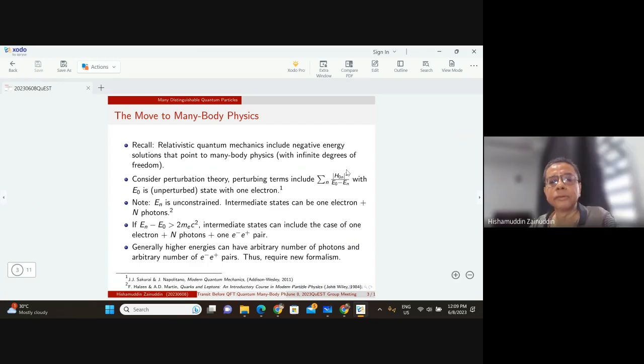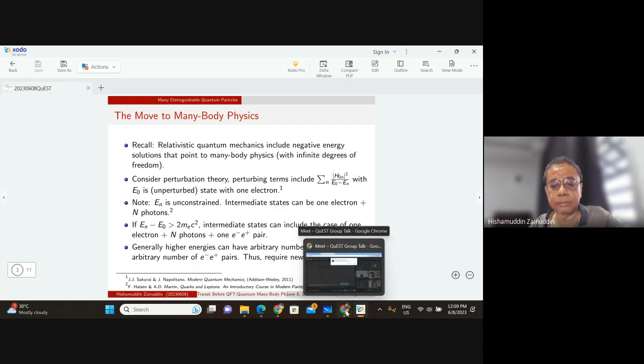Yes. Okay, great. So one could get these kinds of terms in your perturbation theory. You'll find that there's a denominator term depending on the unperturbed energy and some perturbed energy.